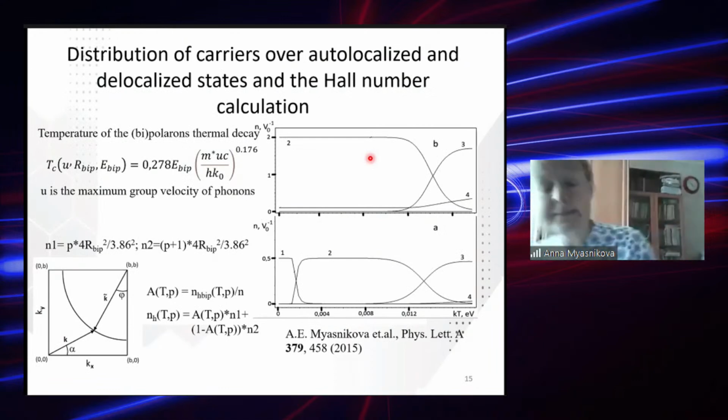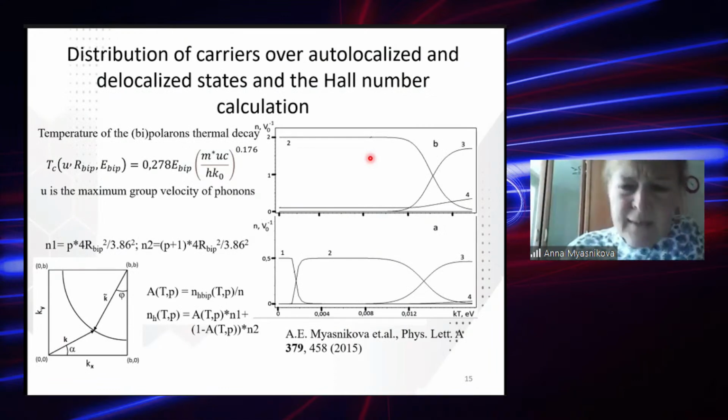Now let us describe how we calculate the temperature of the bipolarons' thermal decay. It is made with the distribution function published in this paper, a distribution function for carriers which can be autolocalized and delocalized.